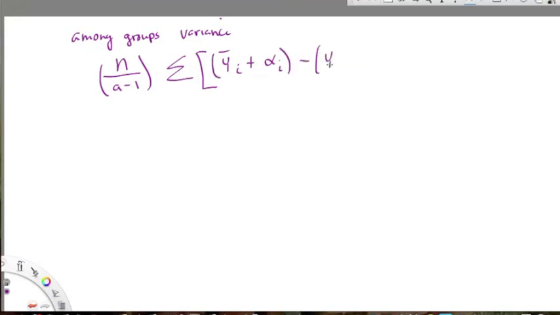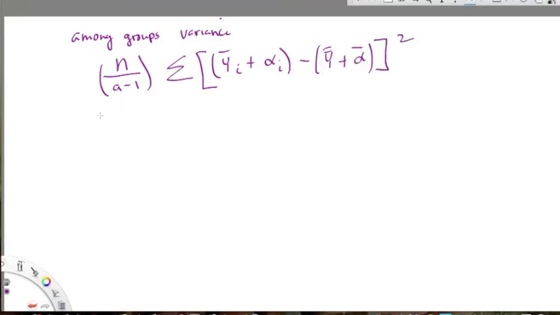All right, so we have n over a minus 1 times the summation of y bar i plus alpha i, right, minus y double bar plus alpha bar, quantity squared.